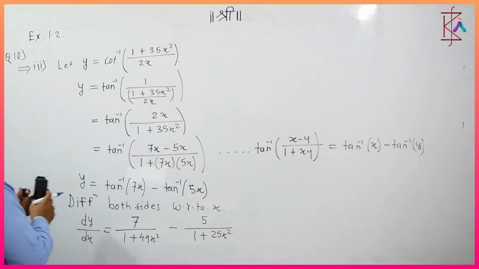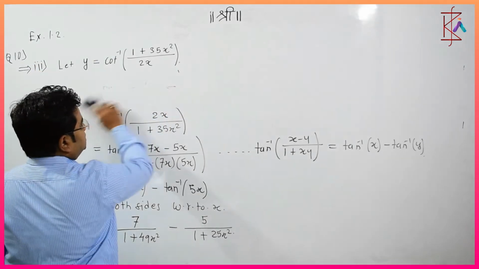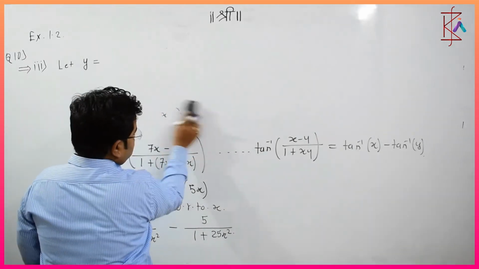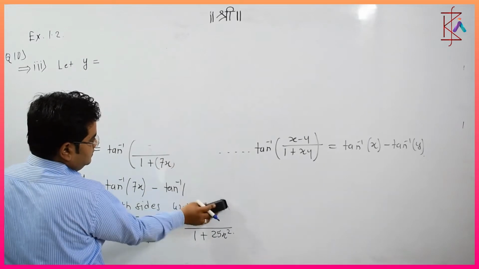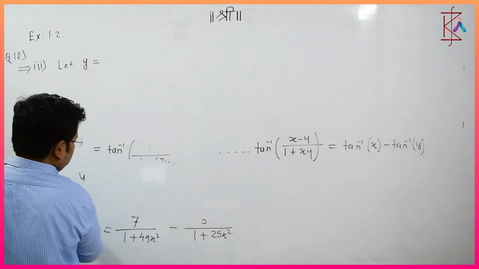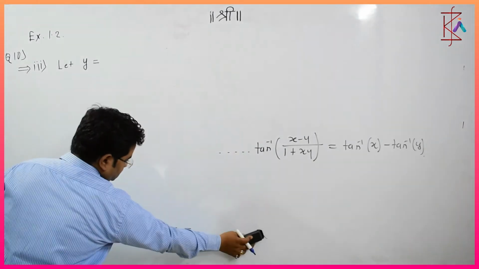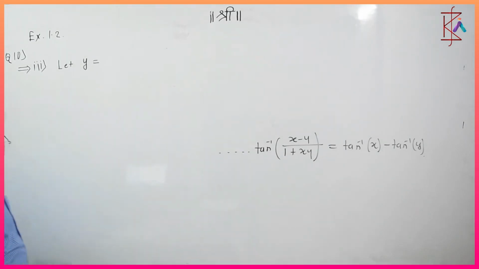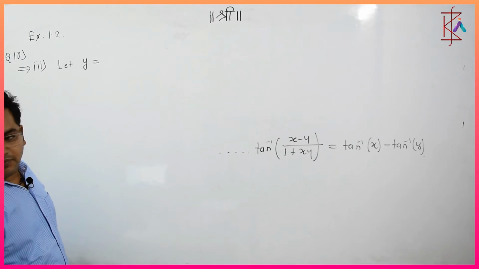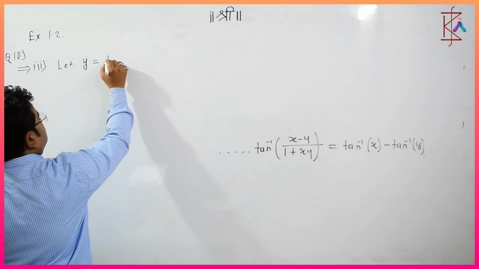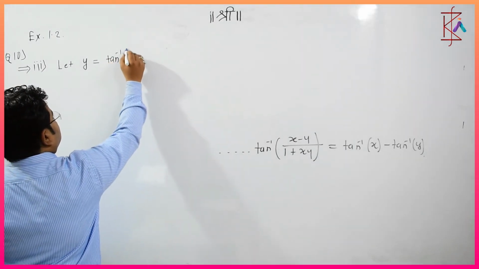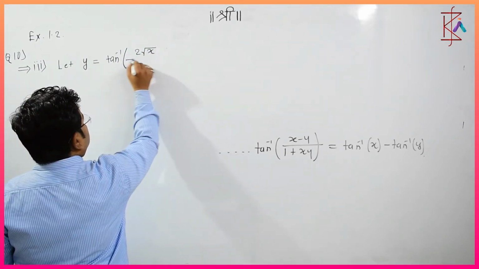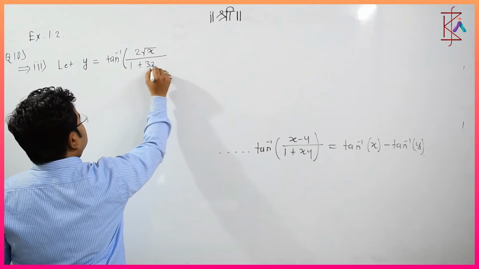What is question number 3? Question number 3 says something like this: tan inverse of 2 under root x divided by 1 plus 3x.